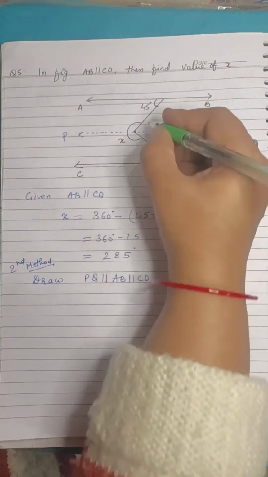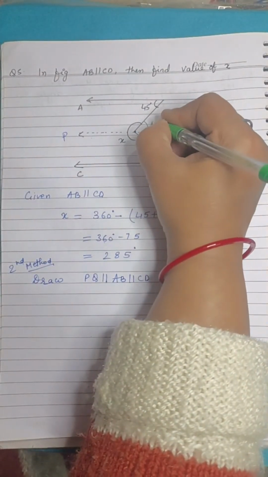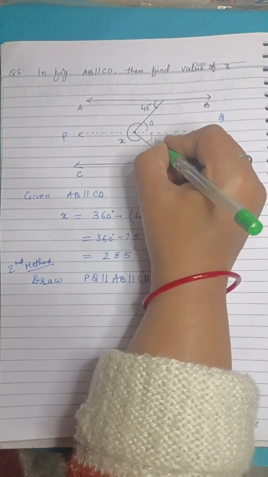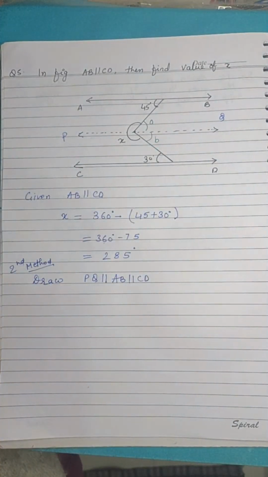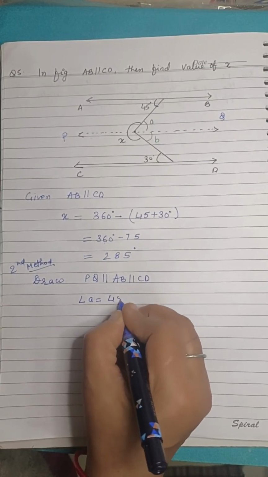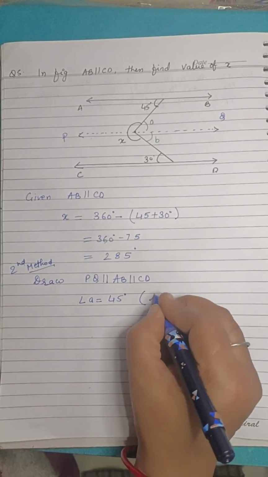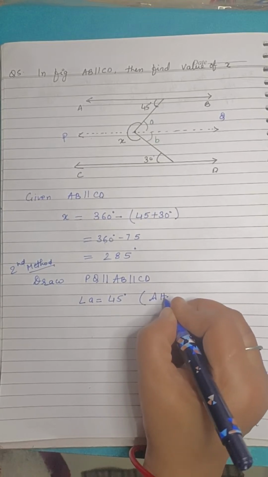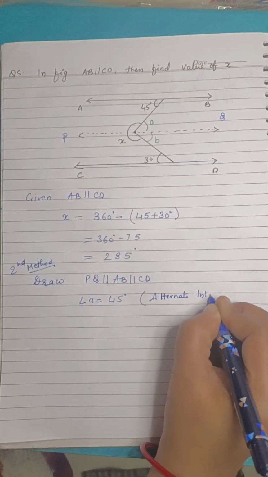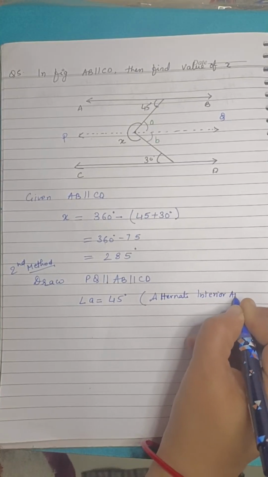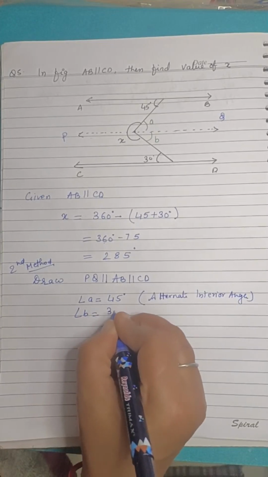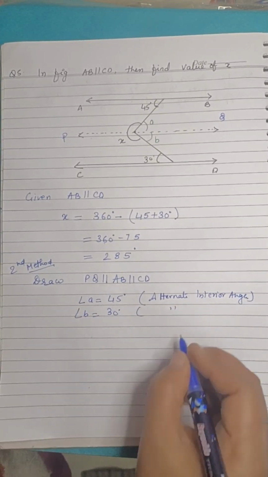So here this angle, let's say, will become A and this angle will become B. The value of angle A is 45 degree. Reason? Alternate interior angle. Value of B equals 30 degree. Reason is the same.